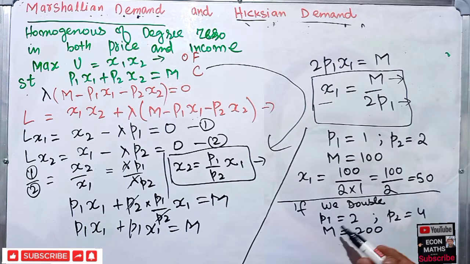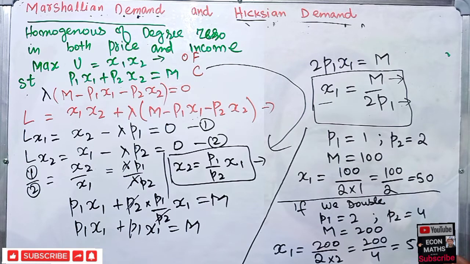Then what would be our quantity demanded? x1 is equal to m, 200, divided by 2 times the new price, 2, so 200 divided by 4, which is equal to 50. So we can see if we change the income and the price in the same proportion, quantity demanded would not change. It is the same 50 which we got earlier.